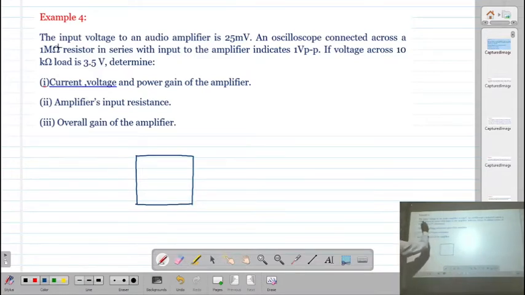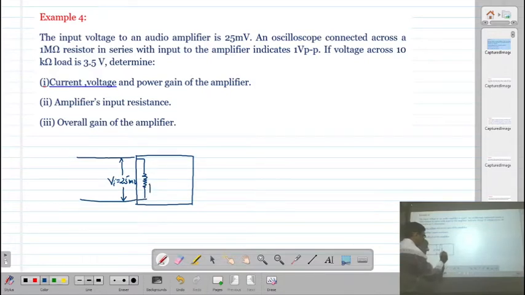Then here the input voltage to the amplifier is 25 millivolt. So that input voltage is here. This Vi is equal to 25 millivolt. And here we have an input resistance of the amplifier, that is Ri.